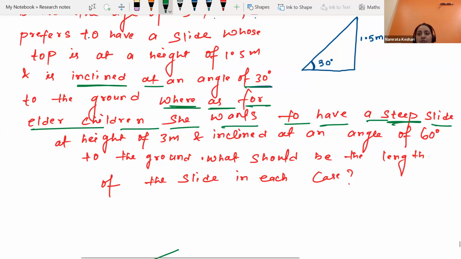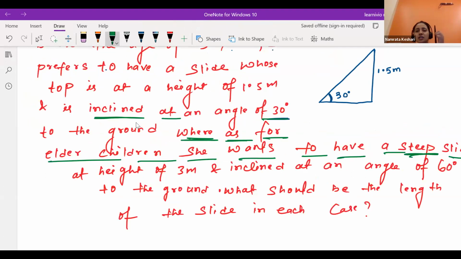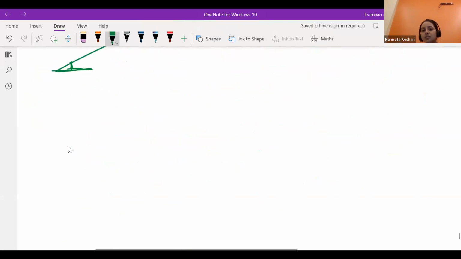Steep means, have you seen such a stair where it is really difficult to climb on the stair? It takes more energy. You just end up getting exhausted, even by climbing maybe 7 or 8 stairs. Okay, have you seen such a stair?